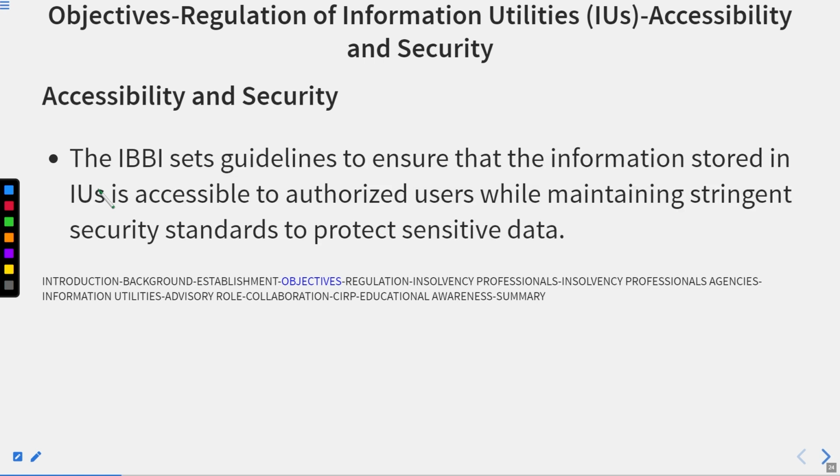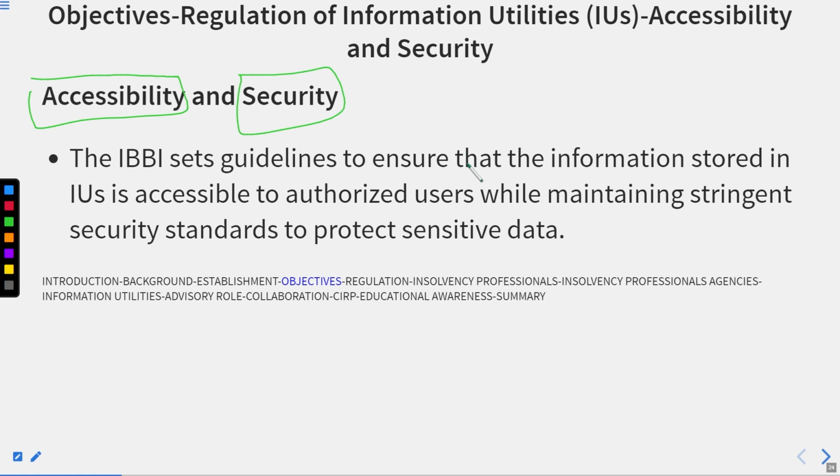Thereafter, the accessibility and the security. The IBBI sets guidelines to ensure that the information stored in the information utilities is accessible and authorized to users while maintaining the stringent security standards to protect the sensitive data. So there are two terms, accessibility and the security.